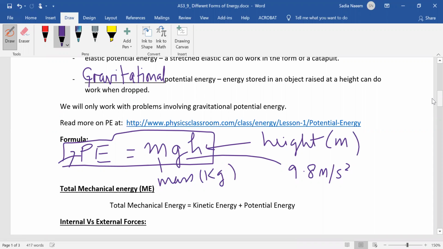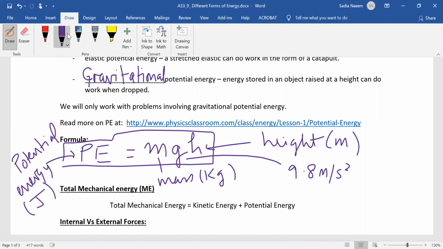And PE, just to remind you, is potential energy, or sometimes GPE is written for gravitational potential energy to be more specific. But we're just going to use PE because we're not going to use other forms in our calculation. And this is in joules again. So I put all the units in the parentheses there.